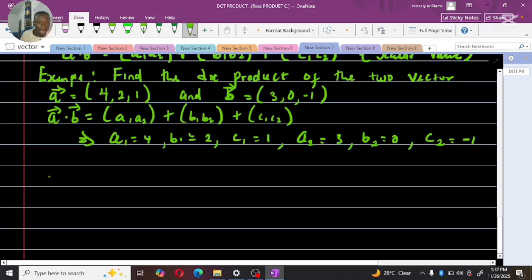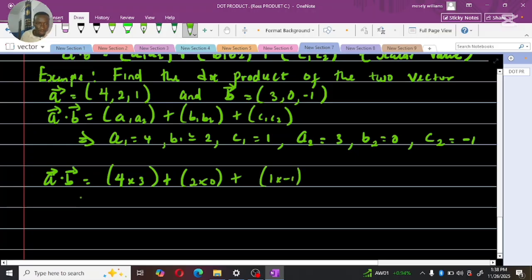So when we take the dot product, what is A1? That is 4. 4 times A2, which is 3, plus 2 times 0, plus 1 times minus 1.